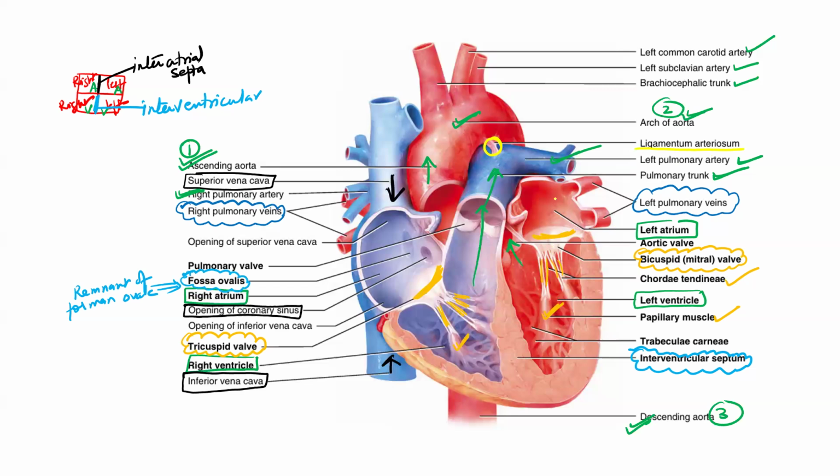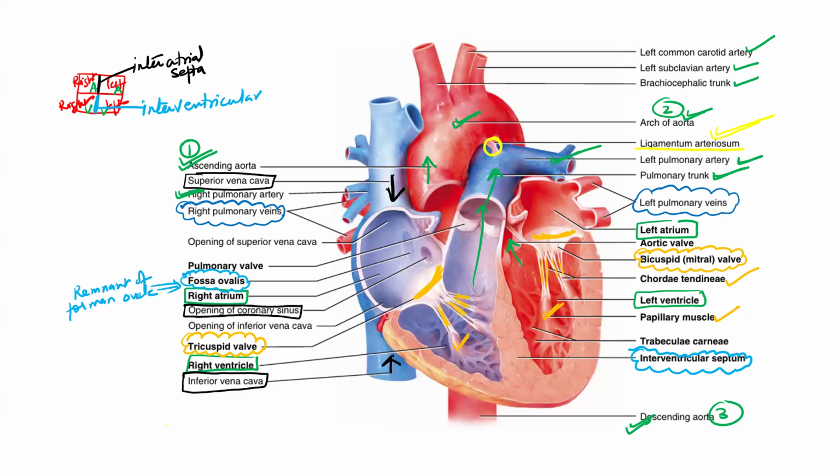Only a small amount of blood used to enter the non-functional fetal lungs. Later, the ductus arteriosus closes after birth, and this structure is formed, known as the ligamentum arteriosum, which is connecting. So this much is clear.